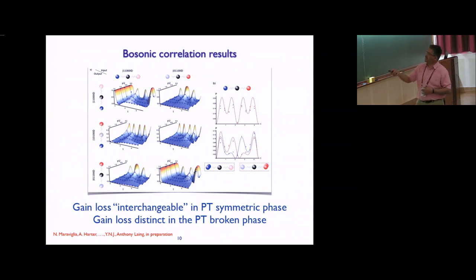And what you find is that the result for 2 in the loss and 1 in the neutral side, and the result for 2 in the gain and 1 in the neutral side, are related to each other if you are in the PT symmetric phase. Once again, you can't tell which is gain, which is loss. If you go to the PT broken phase, then these results are not related to each other.